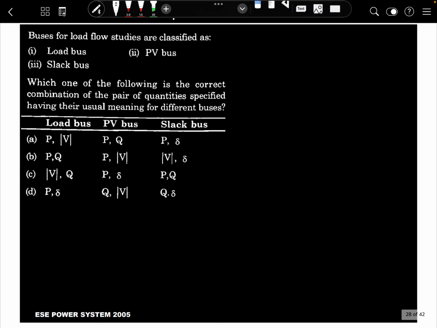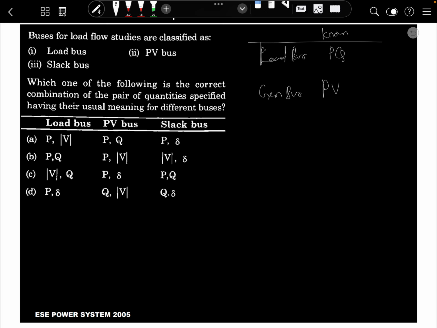Next, buses in a load flow study are classified as load, PV and slack. So again we just check what is load bus and generator bus. I write just this thing. These are the known things: for generator PV, for load PQ bus.